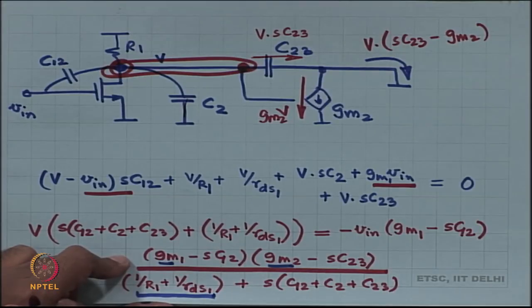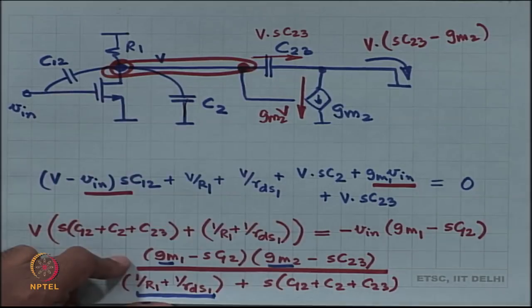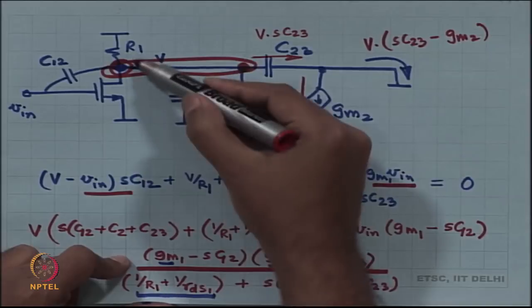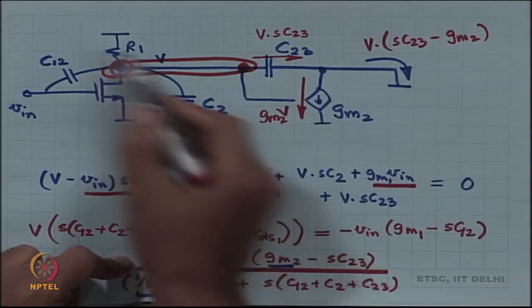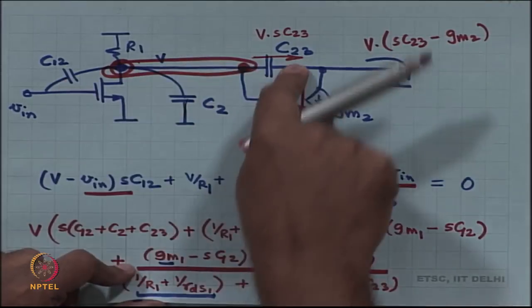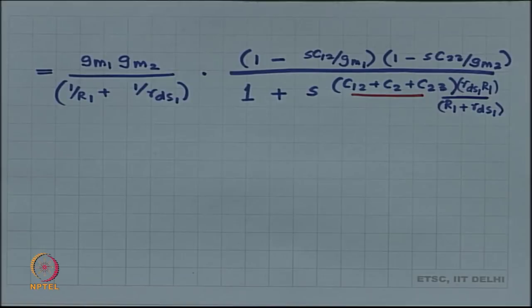of, right. So, you can think of this as a ground superposition, think superposition, right. So, you have got C2 to ground, C23 to ground, C12 to ground. So, the effective capacitance is C12 plus C23 plus C2. All right.